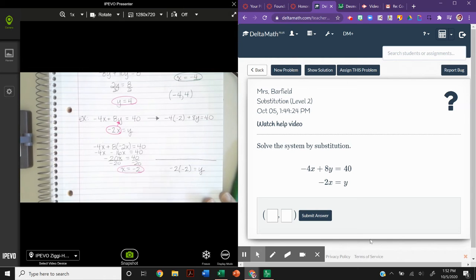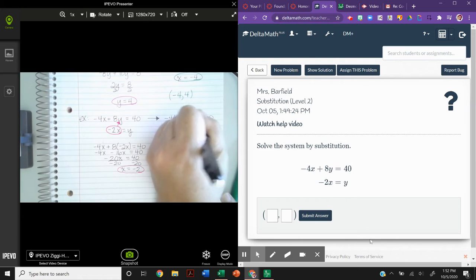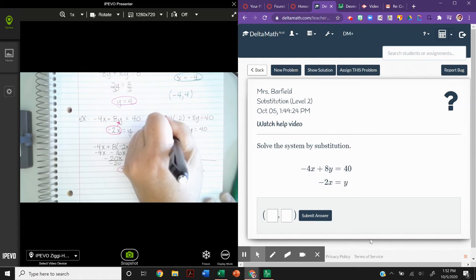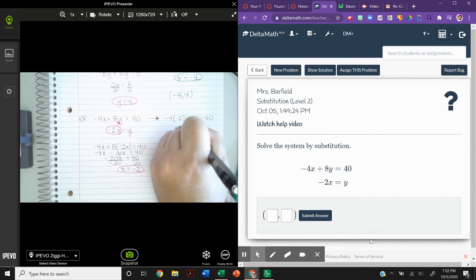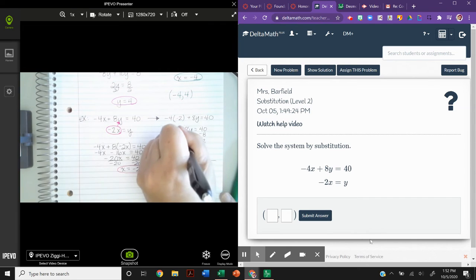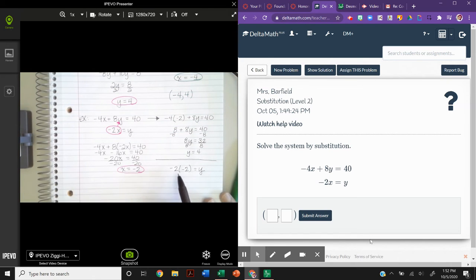You're going to get the same answer, I promise. So I get 8 plus 8y equals 40. Subtract 8, I get 8y equals 32. Divide by 8, so y equals 4. If I multiply negative 2 times negative 2, I get 4 equals y.